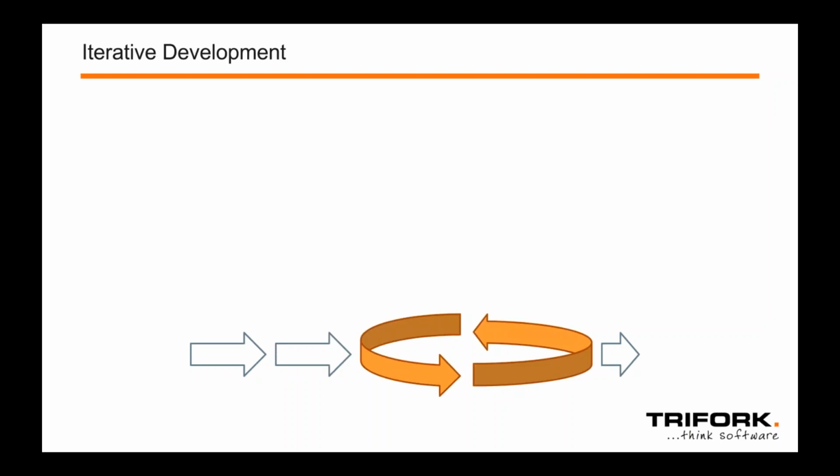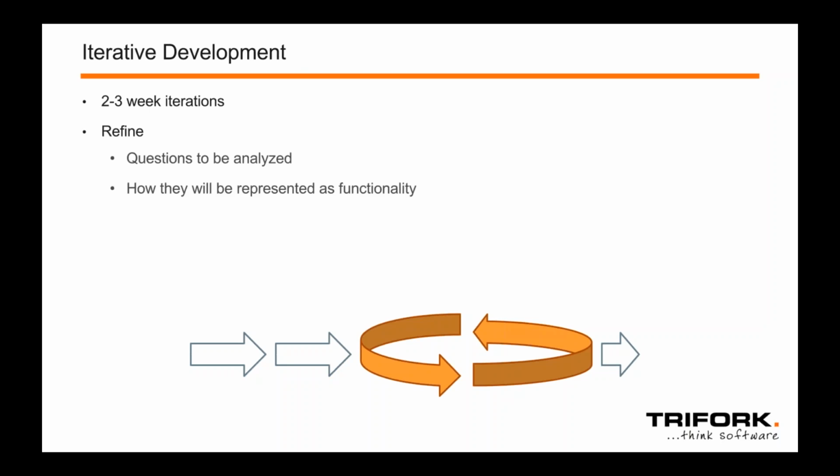Then we go into iterative development. Now this is not much different from your average agile project. So we have 2 to 3 week iterations in which we refine the questions to be analyzed. We refine how they will be represented as functionality, and we refine what part of the data we realistically need.